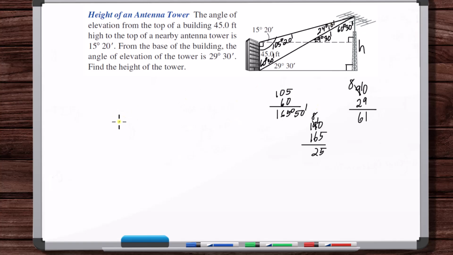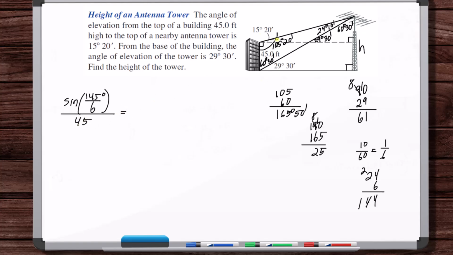Okay. So now we can do sine of 24 degrees 10 minutes. So 10 minutes is what in degrees? It's 1/6 of a degree. So sine of 24 and 1/6 of a degree, which is 145 over 6, divided by 45 is equal to, then we need to use this angle.